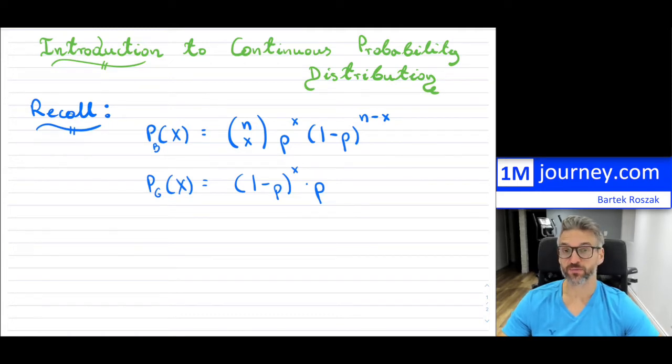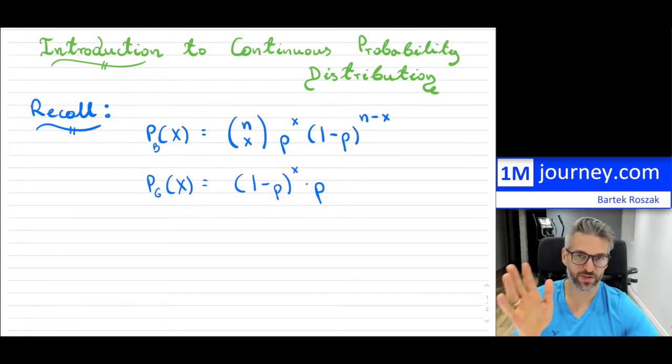Also, our random variable took on the whole number set. We just had 0 successes, or 1 success, or 2, or 3, and so on, or maybe failures, for instance, 0 failures, 1 failure, and so on.